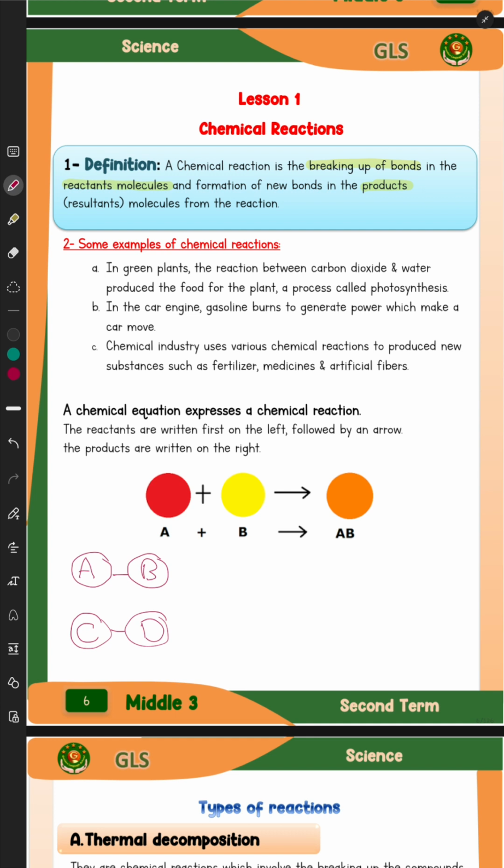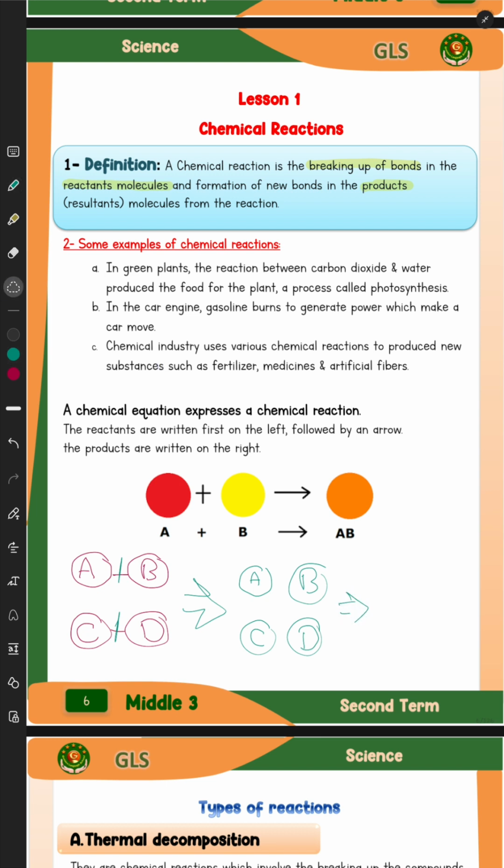I want to make some chemical reaction between them. So first of all, I need to break down the bond between them. So let's break down the bond here and break down the bond here. This will produce A, B, C, and D. So first we break down the bonds like that.